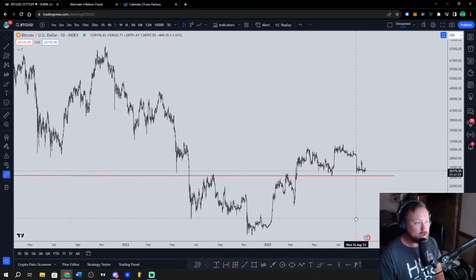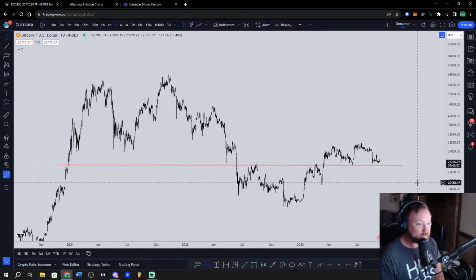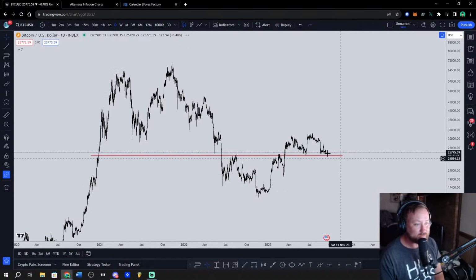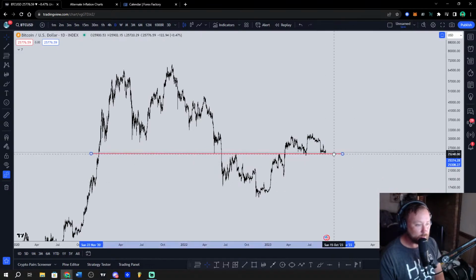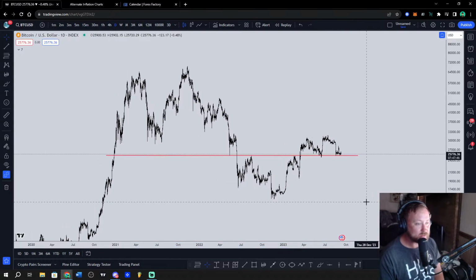So unless that's something you want to see, let's try to hold that level. As of now, I want to maintain that. I'm buying. I am not selling right now.